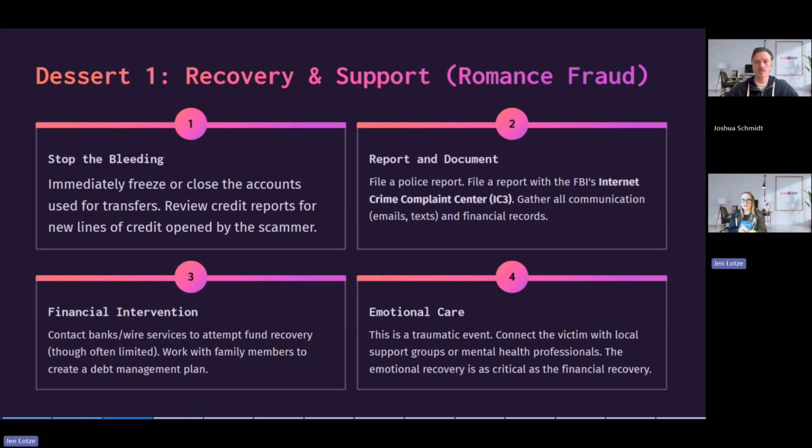And they have a really high interest in these types of romance scams, particularly as they target some of our older generations, because we recognize that those are really vulnerable. So they're looking for these patterns of behavior, right? If you submit all this information, they might say, oh my gosh, we've had the same exact one over here. We know where the money went. We can find it and we can get it back to you. So complete that IC3 right away, because the FBI is absolutely looking at it.